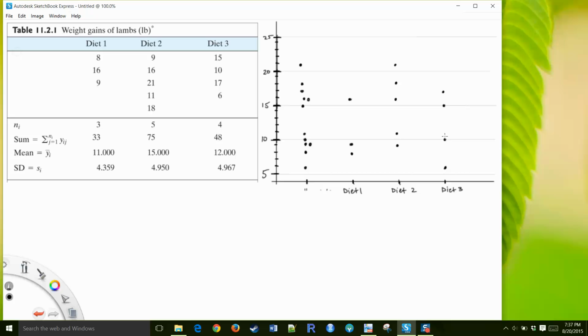And we can do the grand mean. Let's figure out the grand mean over here. So our grand mean is 3 times 11 plus 5 times 15 plus 4 times 12, divided by 12. So where did my calculator go?